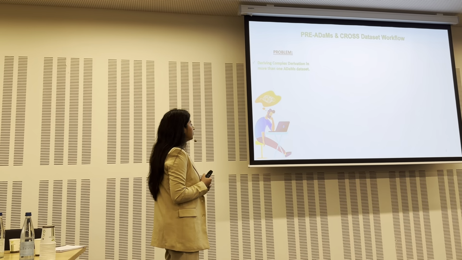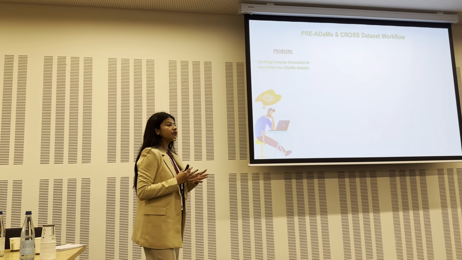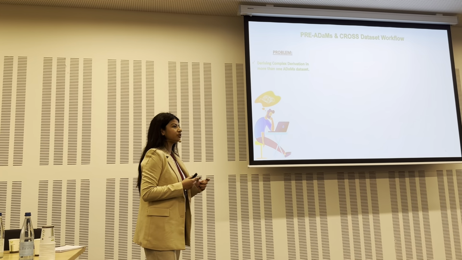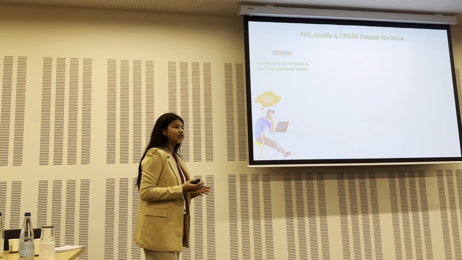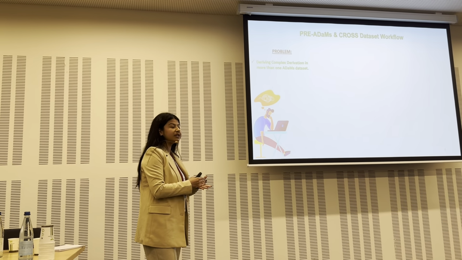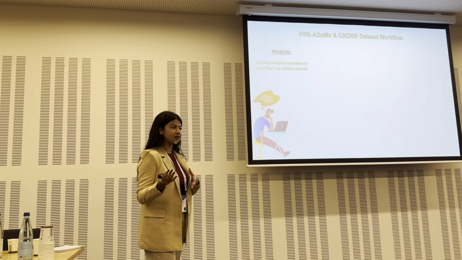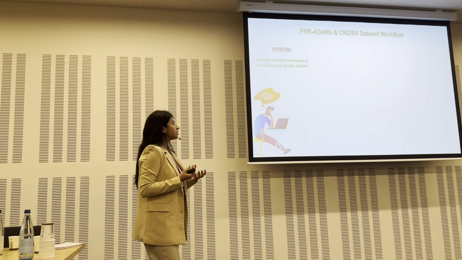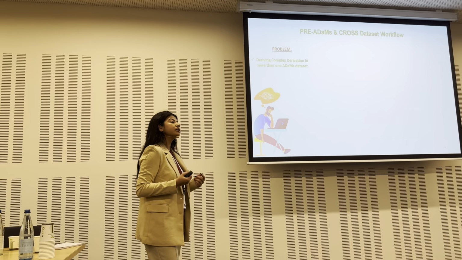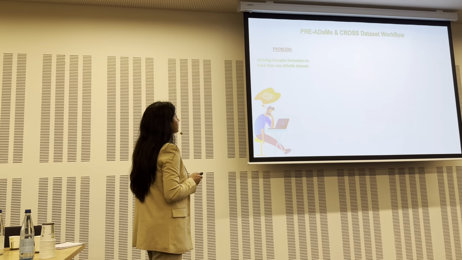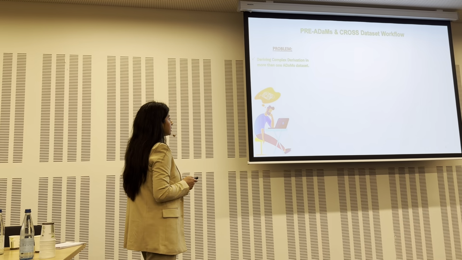We are using them because of complex derivations, where we need to derive a particular variable, let's say from a BDS structure, we need the PARAM, that's the event of interest, and we need it as a grouping variable in ADSL. So the logic is the same, and we are rederiving the same variable twice. To avoid that, we are creating pre-ADaMs and a cross dataset.